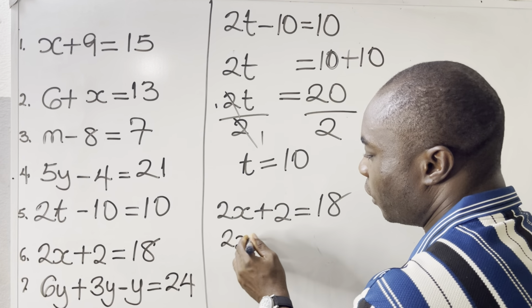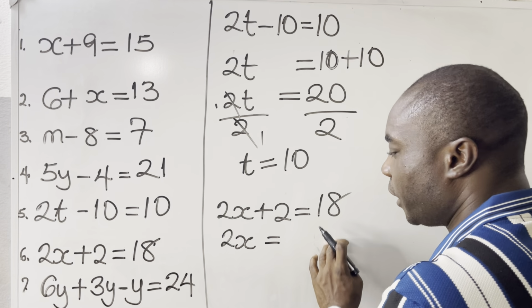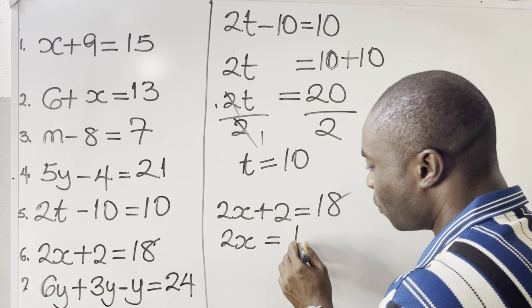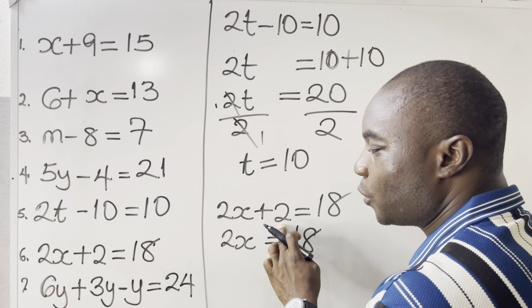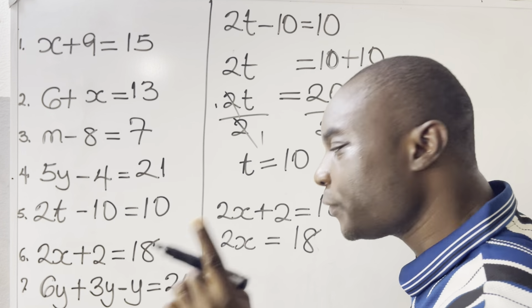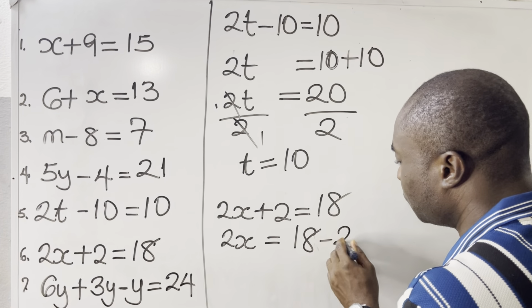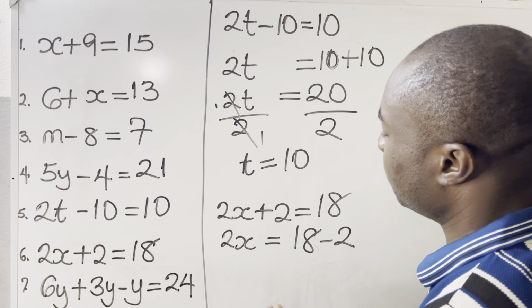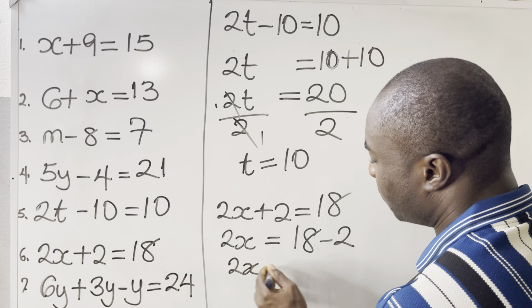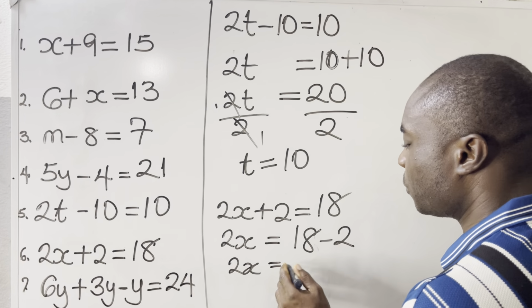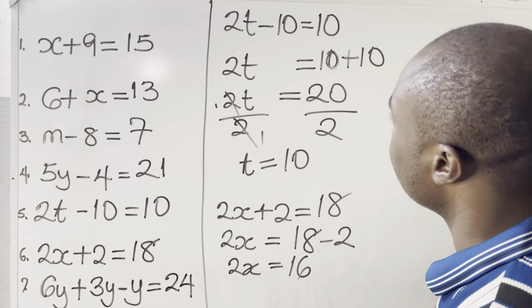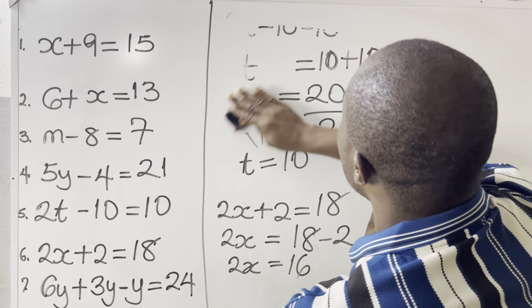So we'll bring down our 2x, and that's equal to 18 is already existing here, so we'll write it down. Then plus 2 changes to negative 2. So we can have 2x, and that's equal to 18 minus 2, we have 16. 18 minus 2 gives us 16.